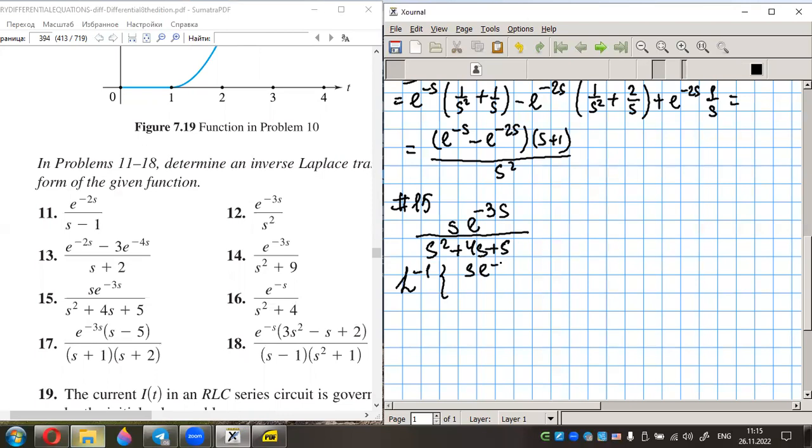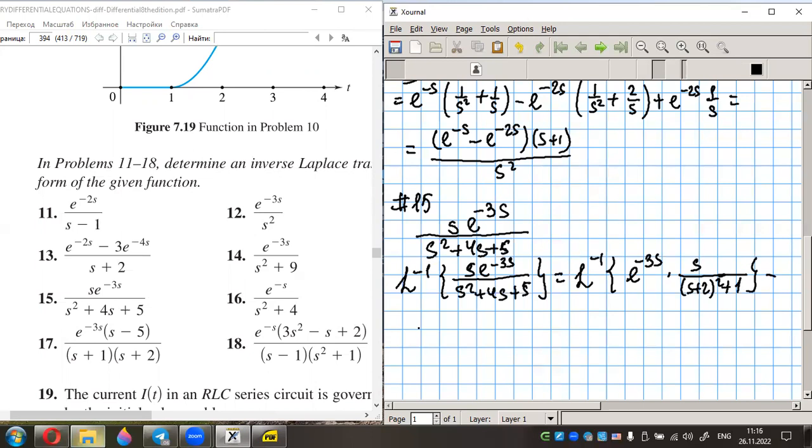S times e to the minus 3s over s squared plus 4s plus 5, equals, let me rewrite it as e to the minus 3s times s over (s plus 2) squared plus 1.